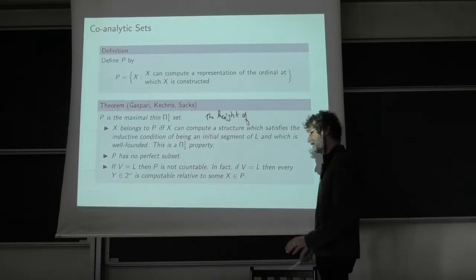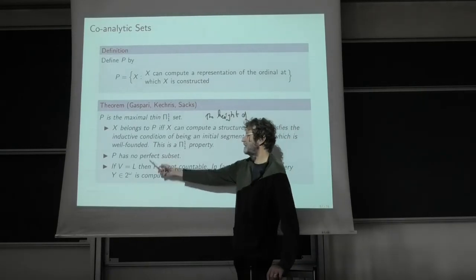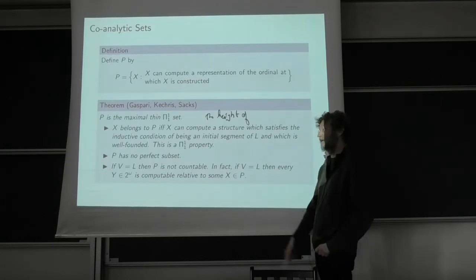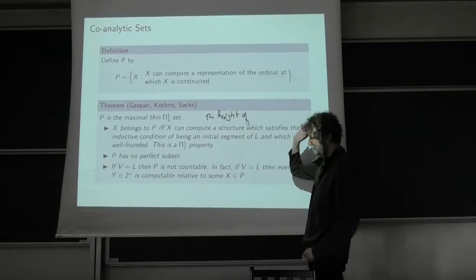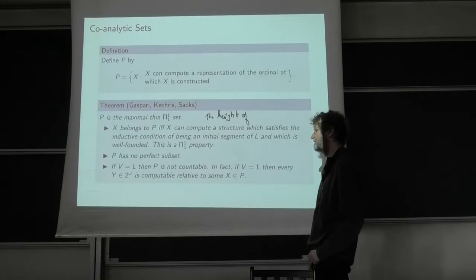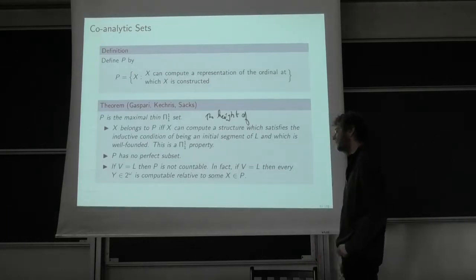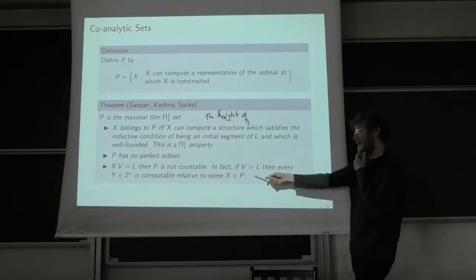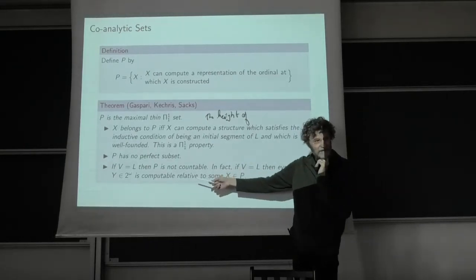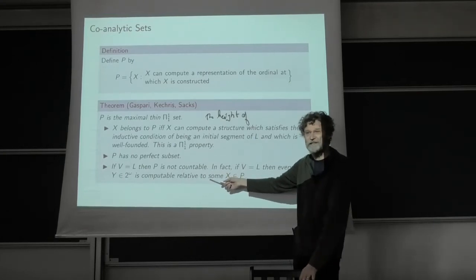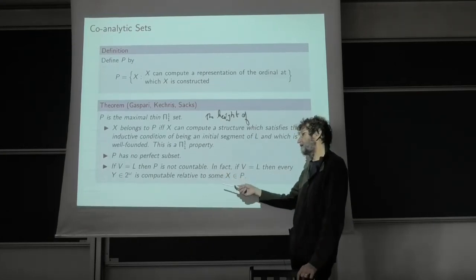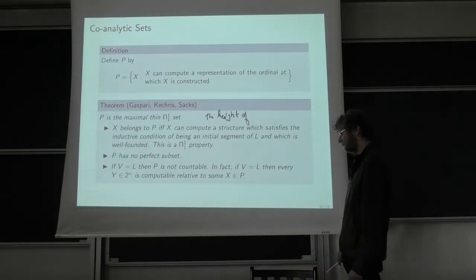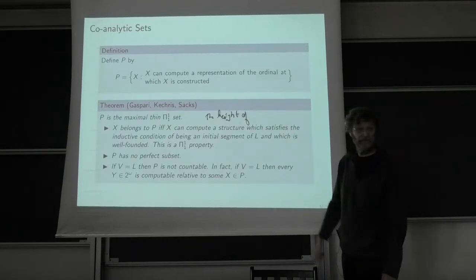The second fact is that P is thin. That's also a theorem. It has no perfect subset. Now this last observation is the one that is relevant for us: if every set is constructible, then this set is not countable.